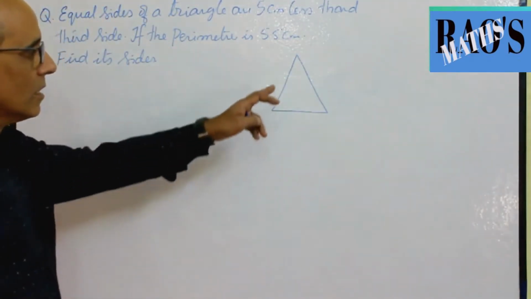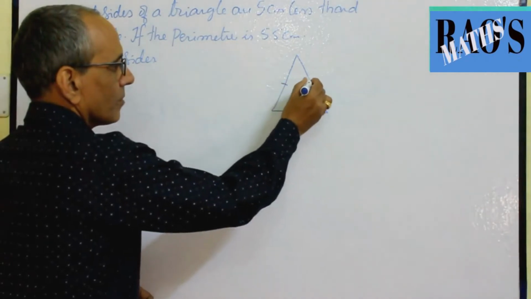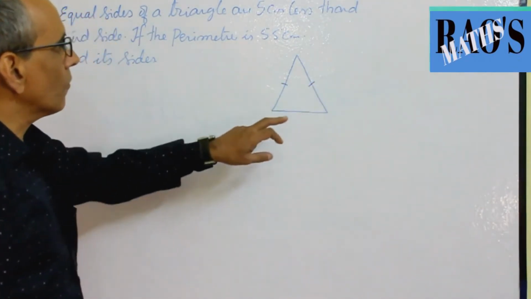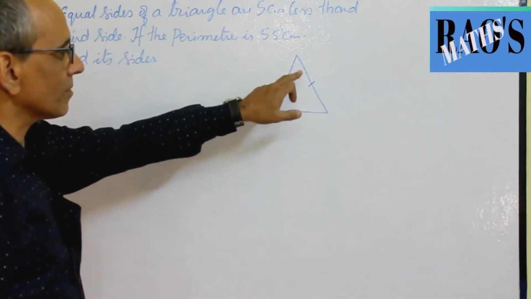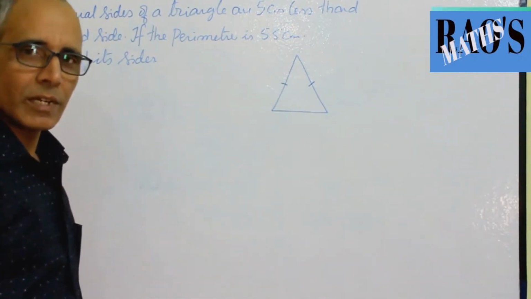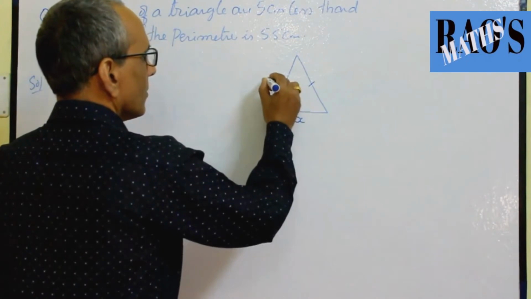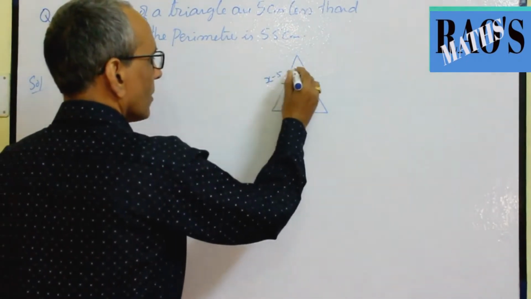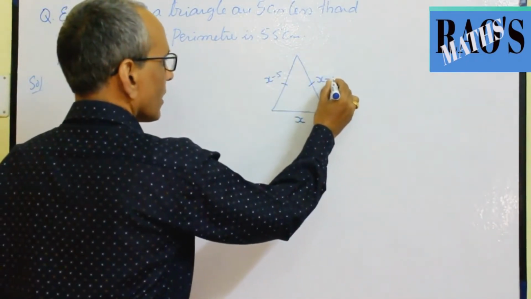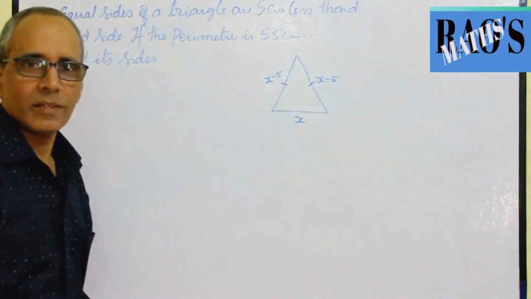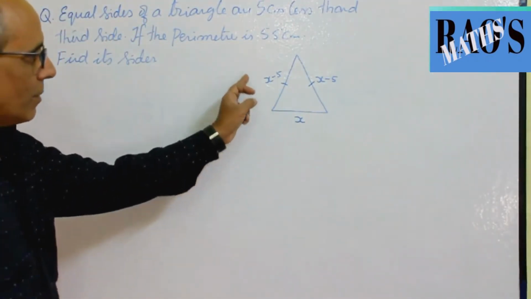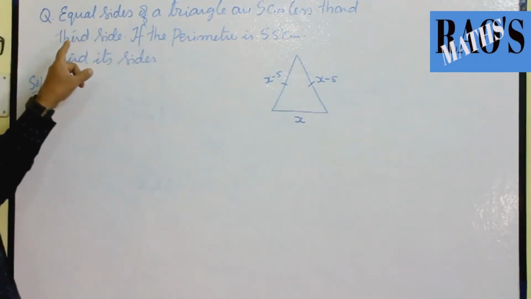The condition is these two sides are 5 centimeter less than this side. So if I take this x, this is x minus 5 and it is also x minus 5. And also you are given the perimeter of this triangle.